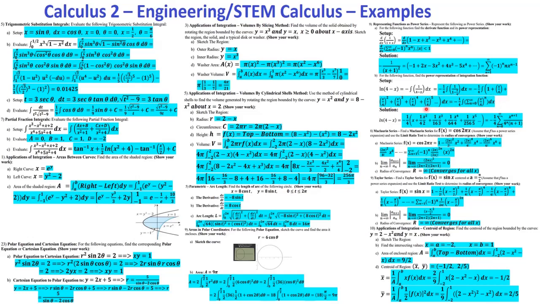Then when you integrate this, it is the same as integrating this power series. So the integration of this is ln of 4 minus x. Then the integration of the power series is minus 1 over 4 x plus 1 over 4 x squared over 2 plus 1 over 16 x cubed over 3 plus 1 over 64 x to the 4 over 4 plus 1 over 256 x to the 5 over 5 and so on.